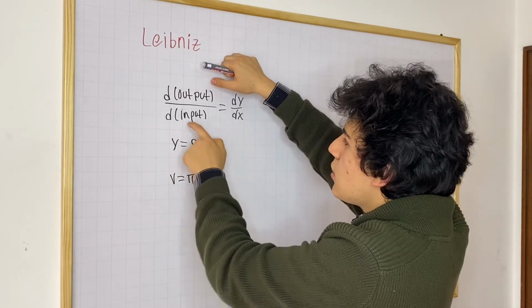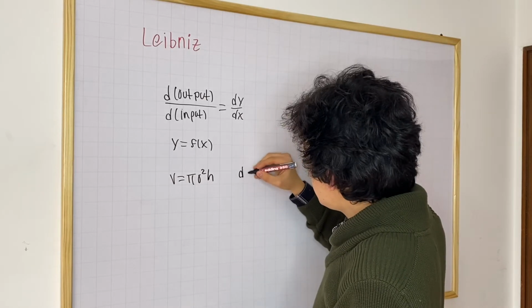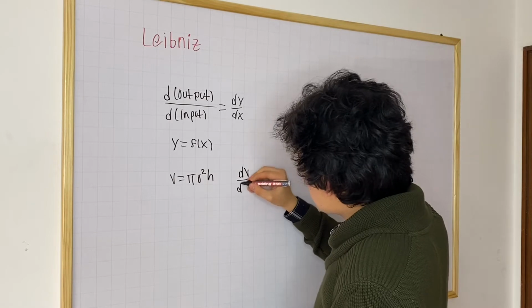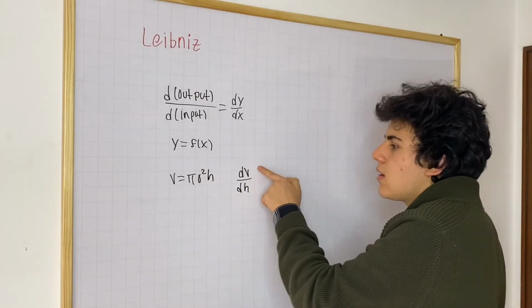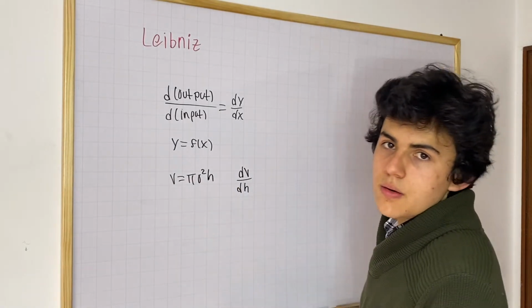So the input we're going to be playing with is the height, and the output is dV, or just V, volume. So we're saying the derivative of the volume with respect to the height of the cylinder.